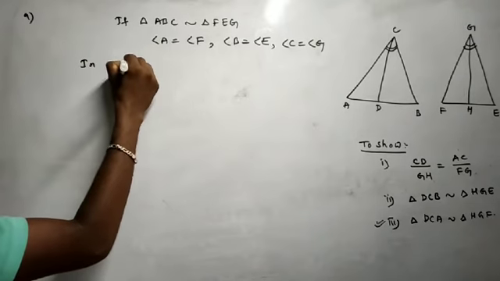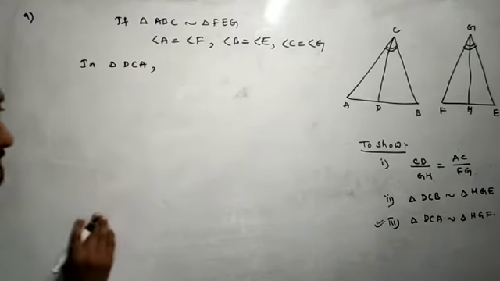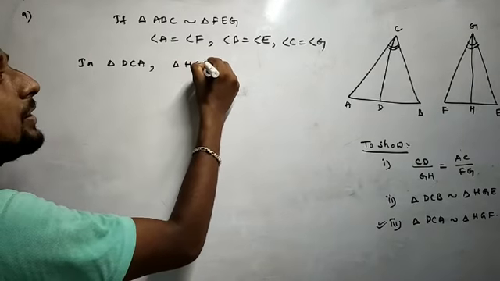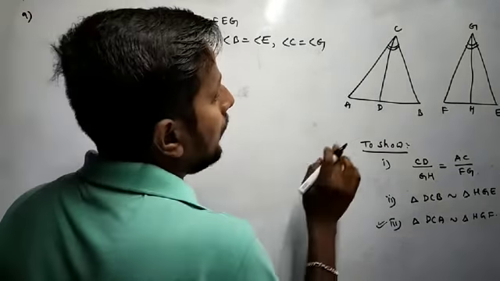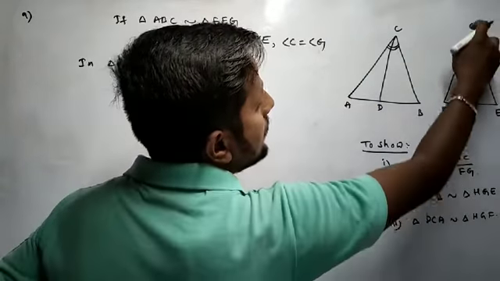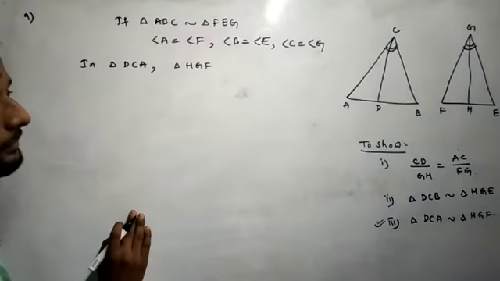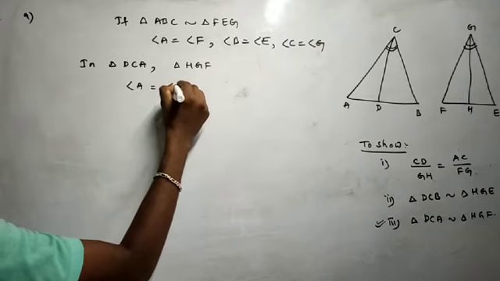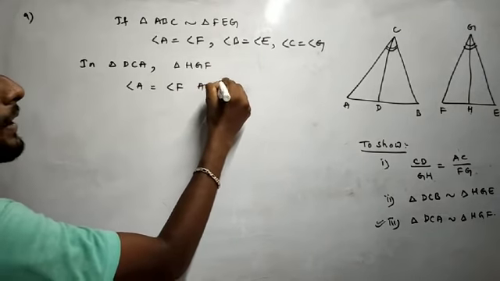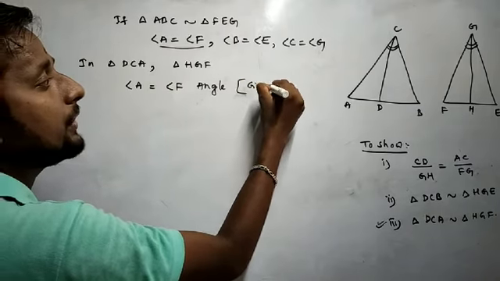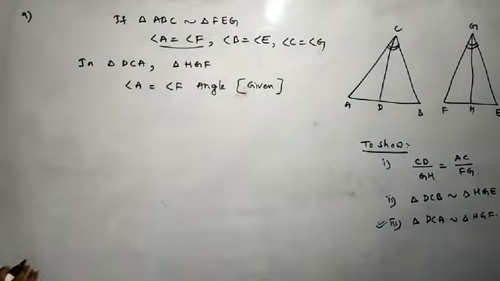In triangle DCA and triangle HGF, here I will write angle A is equal to angle F. It is already given in the question because triangle ABC and FEG are similar triangles.